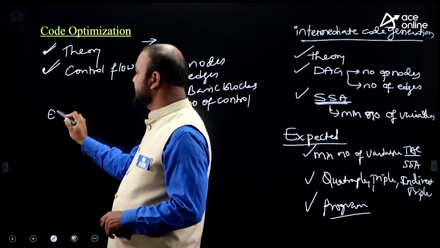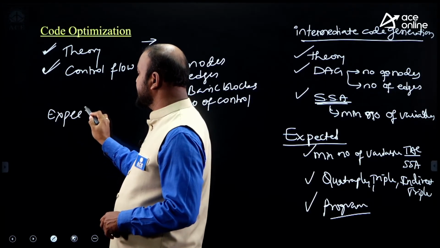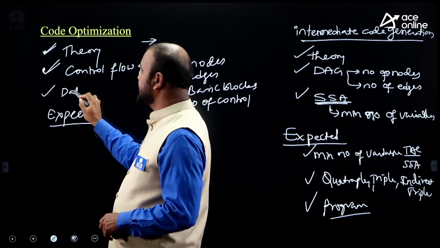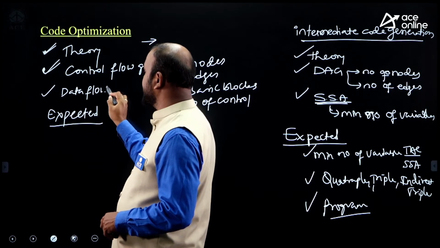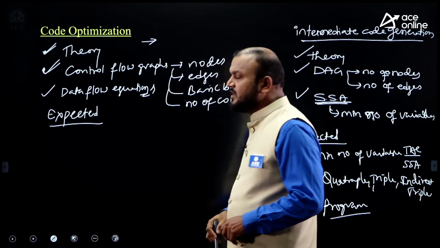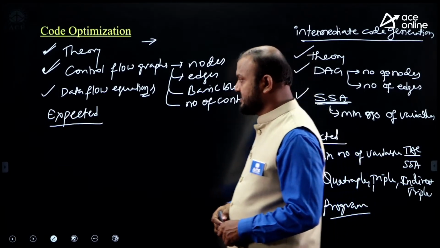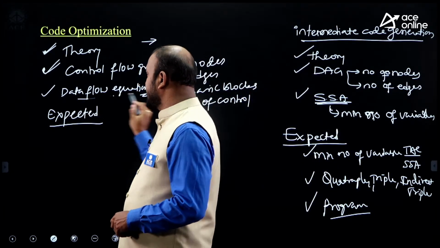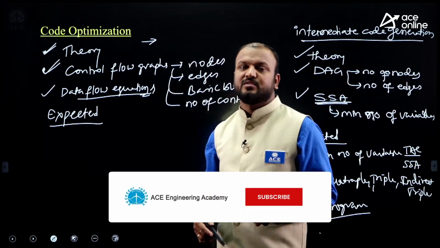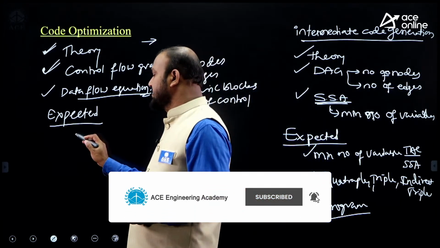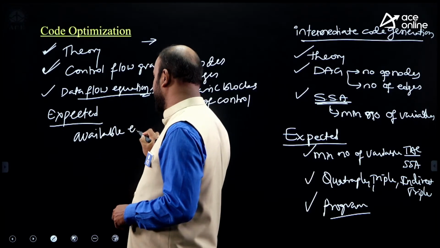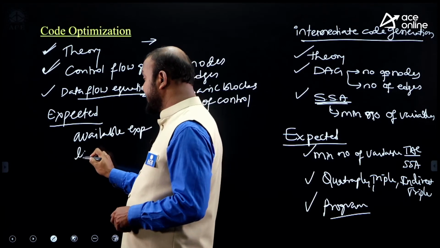But what is expected are questions on data flow analysis. On data flow analysis, they asked just one question, on data flow equations, in the 2021 GATE examination. But what is expected is that these data flow equations are evaluated on the basic blocks to find available expressions, and live variables.